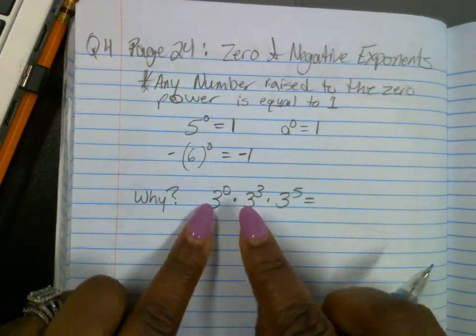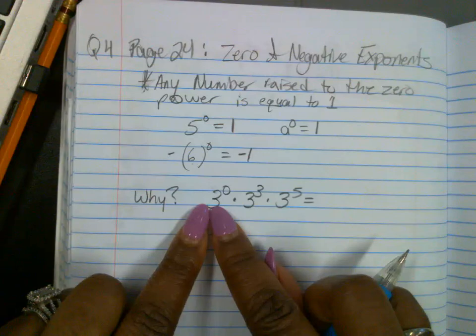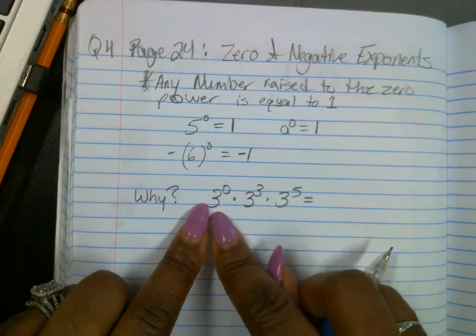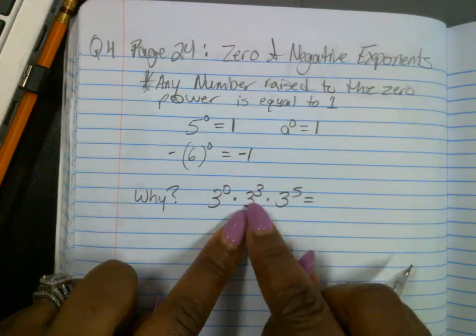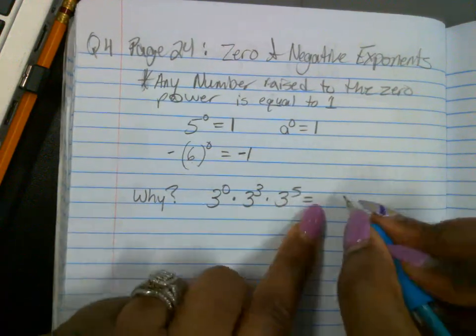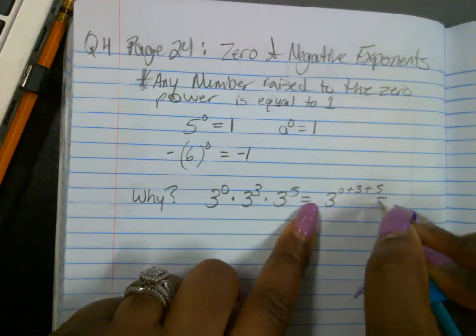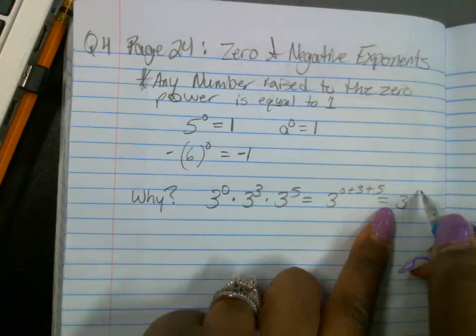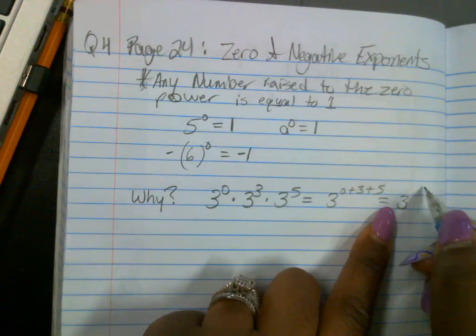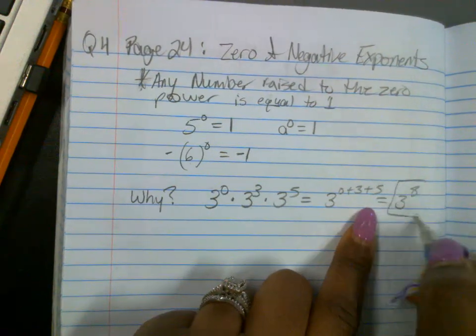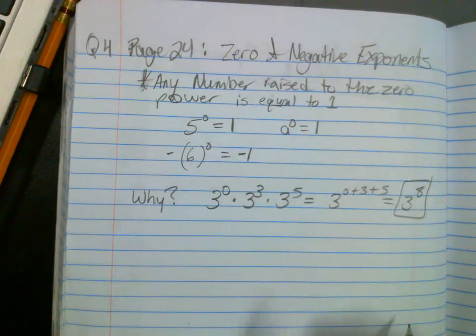This is saying that 3 is being multiplied not at all here, but it's being multiplied 3 times here and 5 times here. So that's going to be 3 to the 0 plus 3 plus 5, which gives us 3 to the what? 8th. That's supposed to be your answer.